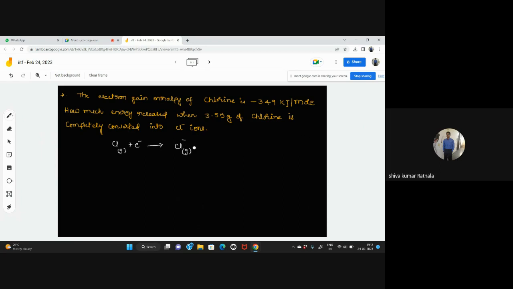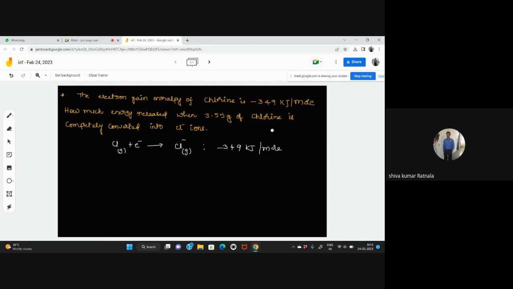Here the energy released is minus 349 kilojoules per mole. That means when we take 1 mole of chlorine, to gain an electron, it has minus 349 kilojoules per mole.